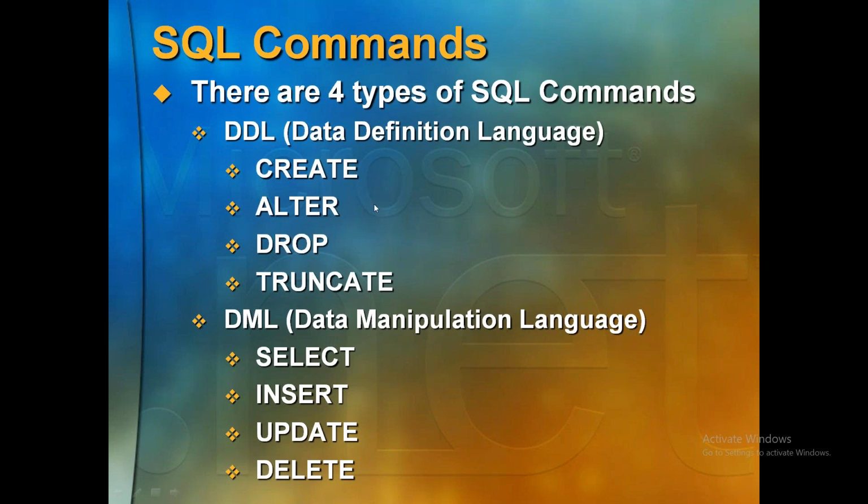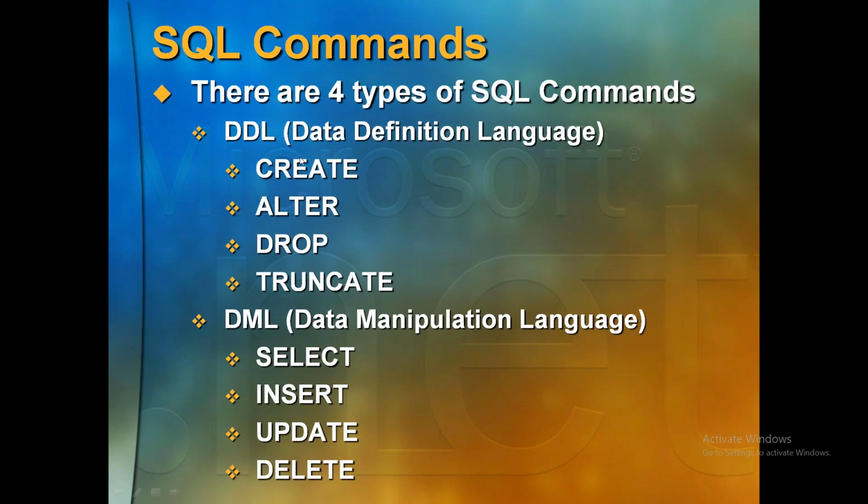We will be discussing how to alter the table itself. For example, I have two columns and I want one more column. I would like to delete a column. I would like to have a new column. So I wanted to modify the table structure itself. Clear? That is where we are going to implement what is called alter.